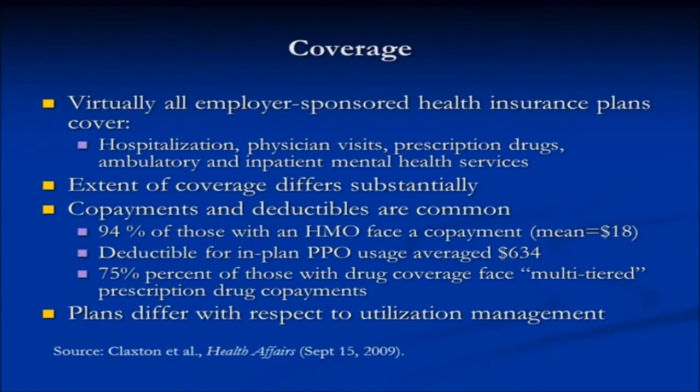All right, this slide gives you an overview of what insurance companies cover: hospitalization, physician visits, prescription drugs, etc. Probably in other classes you should be aware of what an HMO is versus a PPO.